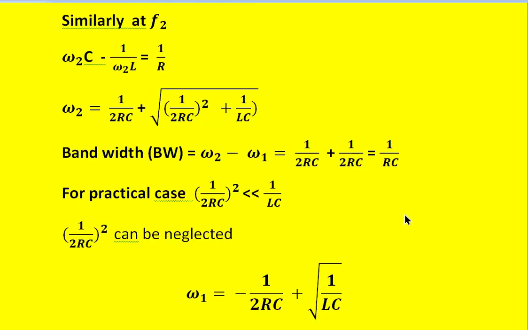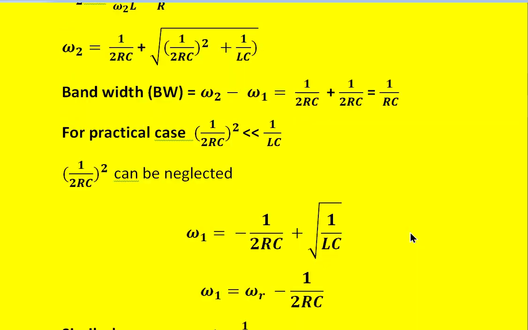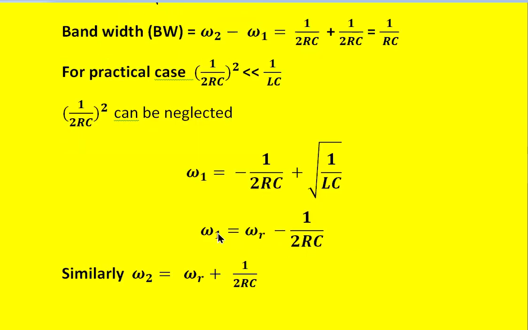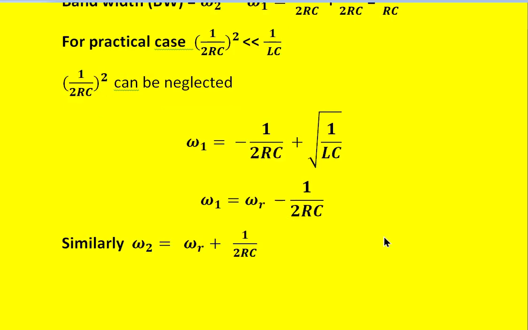With this assumption, omega 1 and omega 2 will become: omega 1 is equal to minus 1 by 2 RC plus root of 1 by LC, and this 1 by root LC is nothing but omega R. So this omega 1 equation can be rewritten as omega 1 is equal to omega R minus 1 by 2 RC.